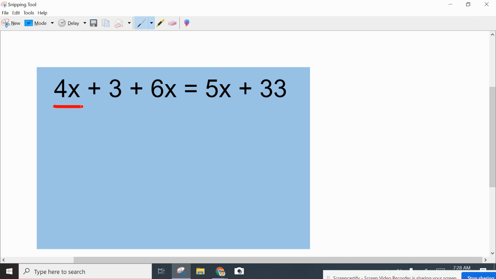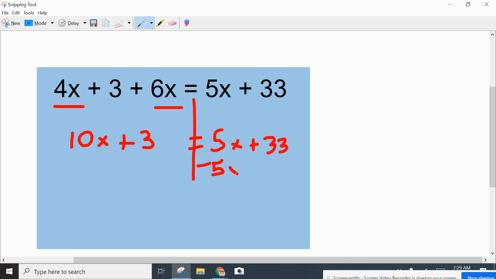All right, for this one, making sure you see what's going on here. We're going to go 10x plus 3 equals 5x plus 33. And from there, make sure you go letters to the left.